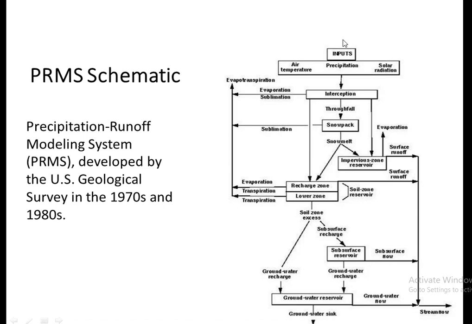So from the precipitation to the streamflow and evapotranspiration, the hydrological components are shown systematically with their interlinkages in the Precipitation Runoff Modeling System. So we need a number of data to operate this model.